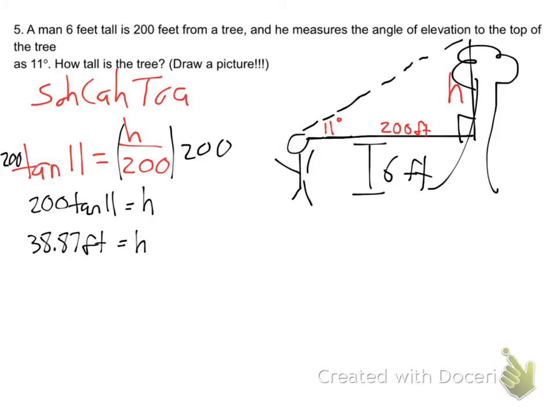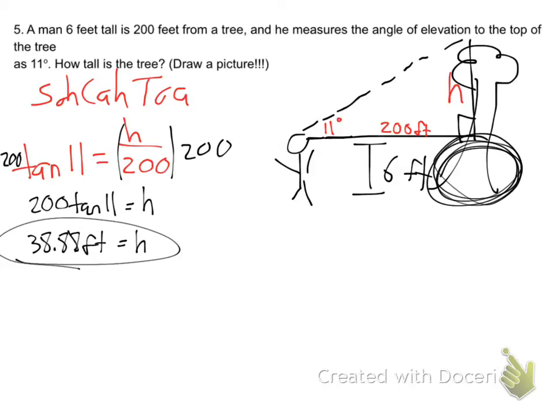38.87 feet, or 38.88 feet. Did we answer the question? Yeah. No, we didn't. No. There is something we have to take into account yet still. The 6 feet. Guys, solving for h, we did it correctly. Yay, we got that. But unfortunately, remember that the triangle is not accounting for that 6 feet of trunk on the bottom.